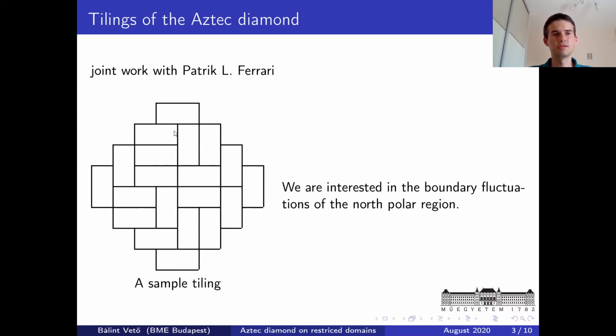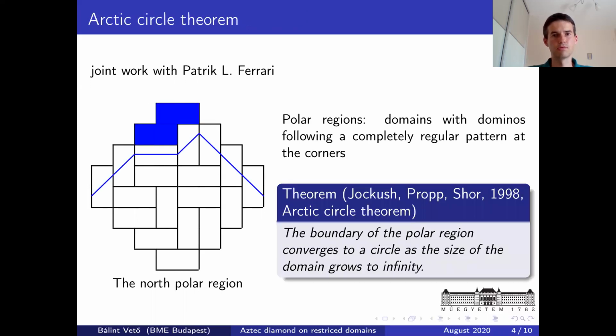It has a boundary that is a random curve, and we are interested in the fluctuations of that random curve. More precisely, to each tiling we can associate a line that will cut several dominoes, but dominoes that are above this line are members of this north polar region.